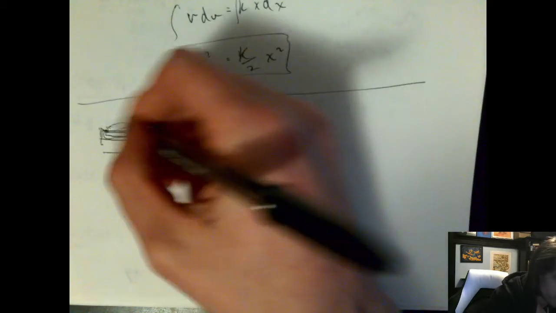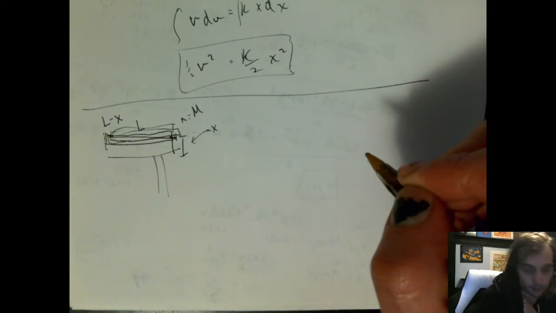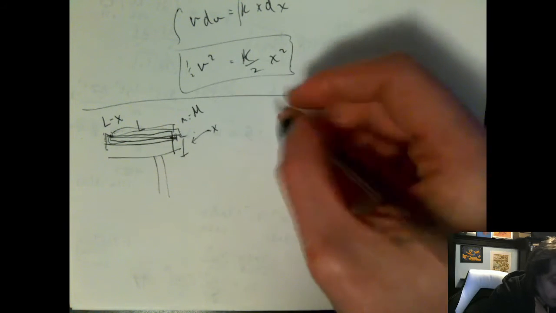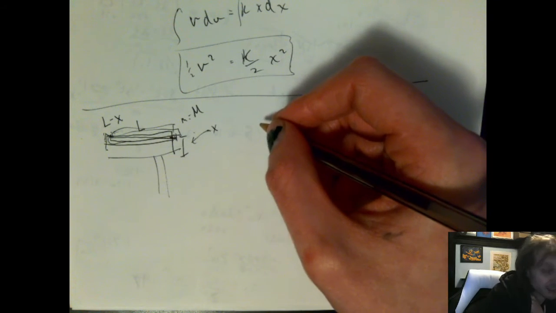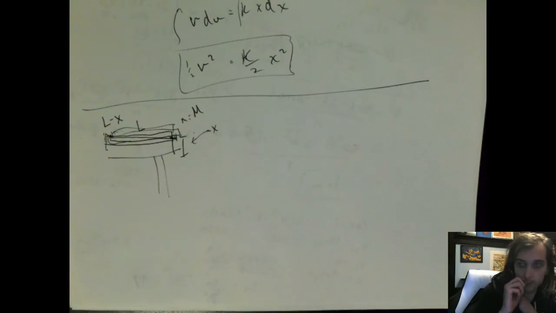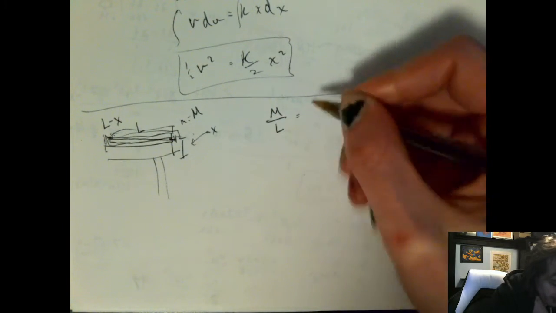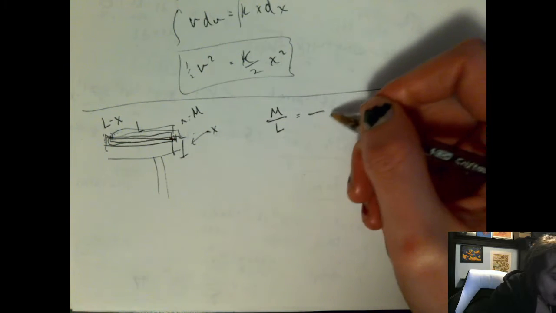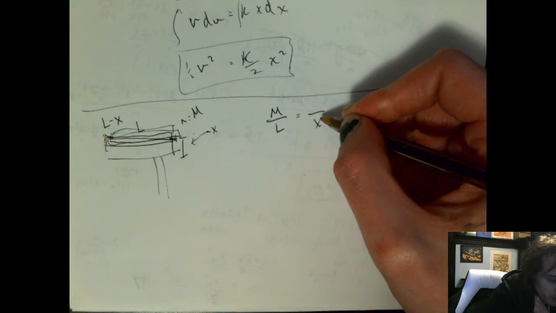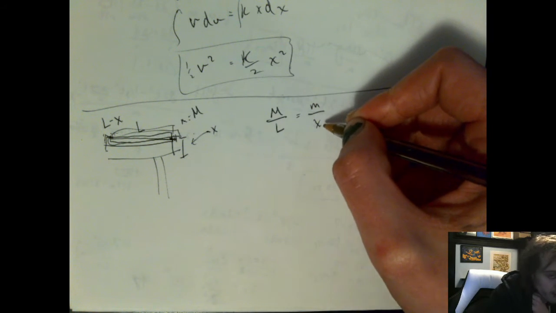If I take the amount that's still on the table, the amount that's still on the table is going to be L minus X. The mass that is off of the table is going to be equal to the linear mass density, meaning just how much mass there is per unit of length. We can basically say that the whole thing for a length of L has a mass of M. So if I want to find the mass of a certain length, that will need to be equal to the mass of that certain length divided by that certain length.